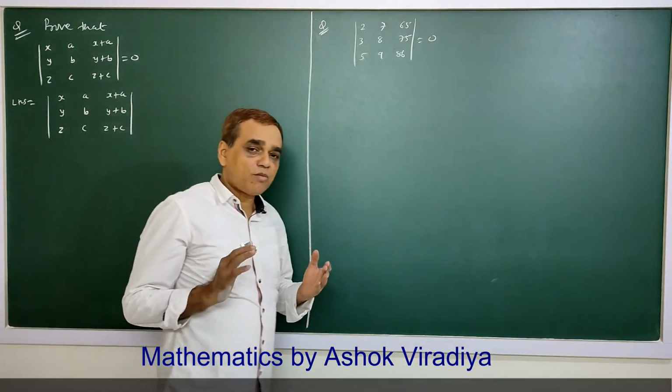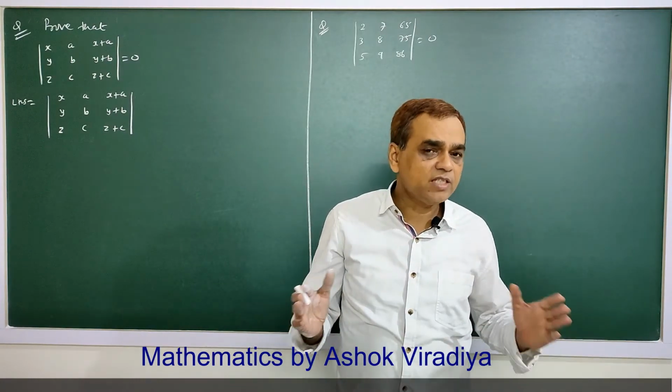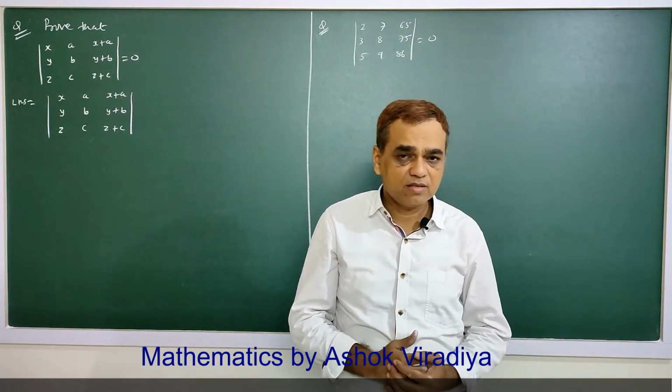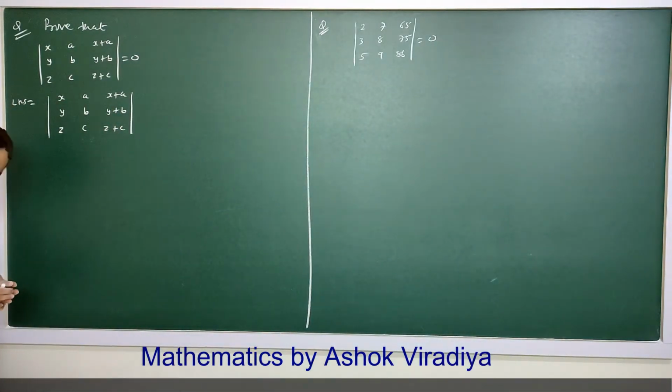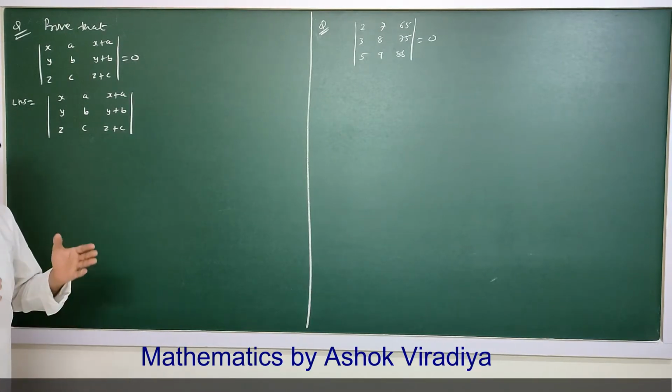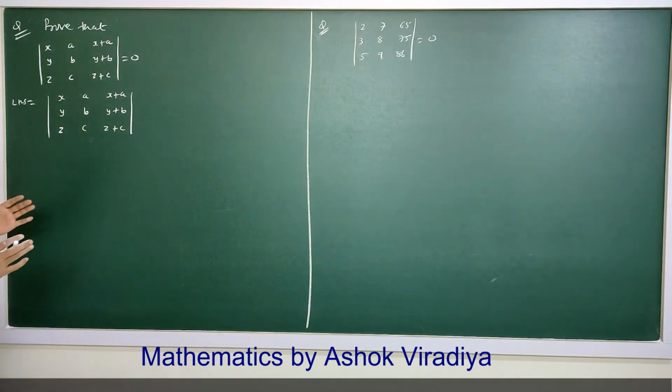This type of problem can be solved in many ways. There is no unique method. Here we want to show that this is equal to 0. That means it may be possible that any two rows or any two columns of this determinant will be identical. So we try to get any two columns or any two rows identical.